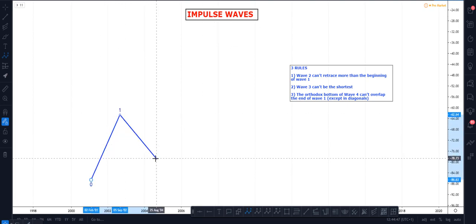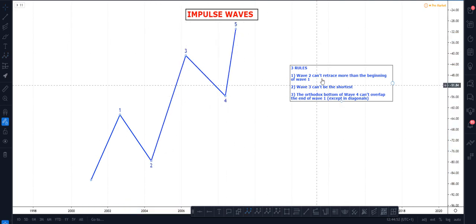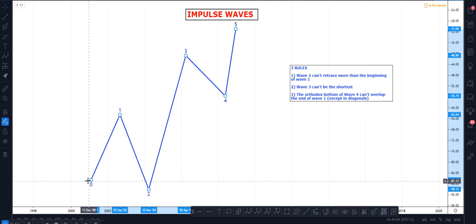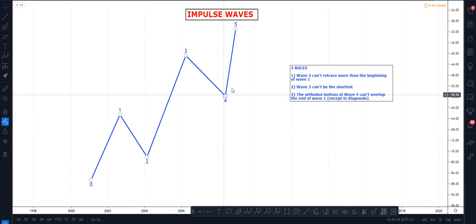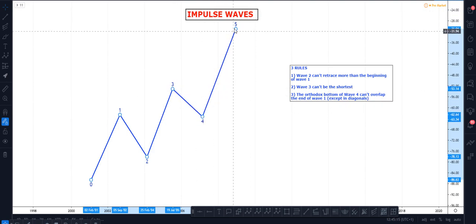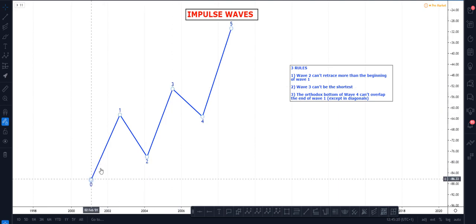An impulse wave is a series of 5 waves trending, and you have 3 rules about this impulse. First one is that wave 2 cannot retrace more than the beginning of wave 1, meaning your wave 2 cannot go below this point here. Then wave 3 cannot be the shortest wave, meaning that you cannot have something like this where wave 3 is shorter than both wave 1 and wave 5.